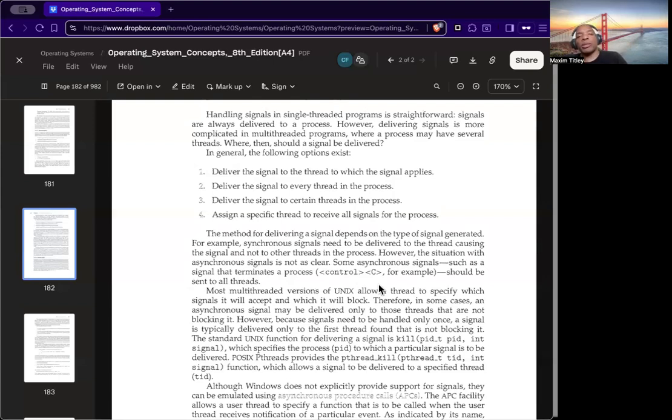Any questions about signals and signal handling, particularly user-defined and system-defined? Okay, so I'm going to ask my usual question. Who's with me 100% thus far? Not 90%, 100.